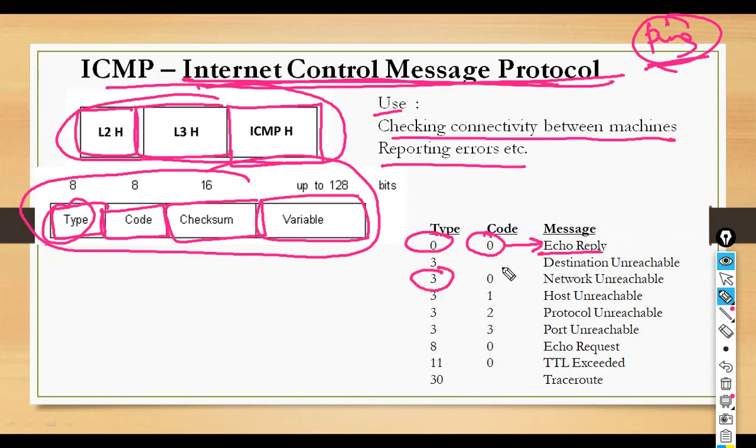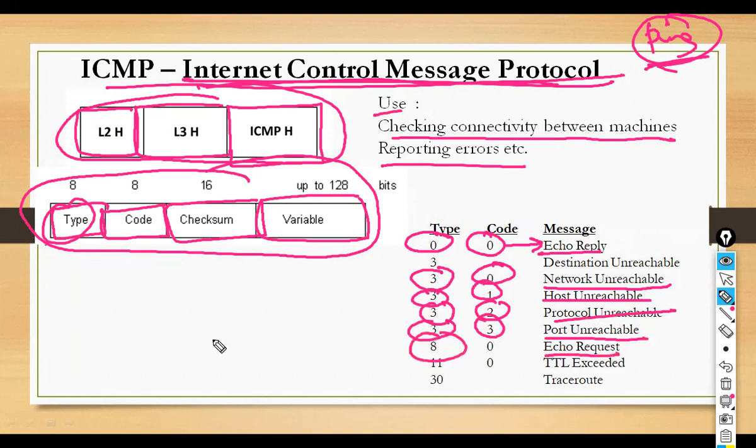Type 3 code 0 means network unreachable. Type 3 code 1, host unreachable. Type 3 code 2, protocol unreachable. Type 3 code 3, port unreachable. Type 8 is echo request, you are sending something. Type 11 is TTL exceeded, an error message. And type 30 is traceroute.